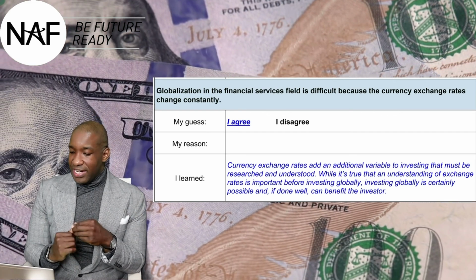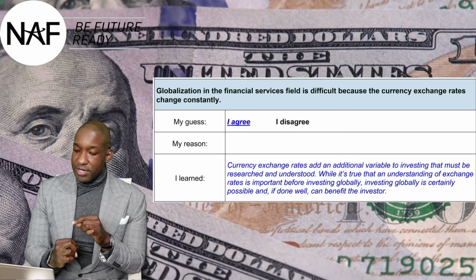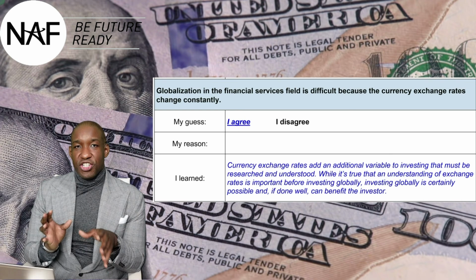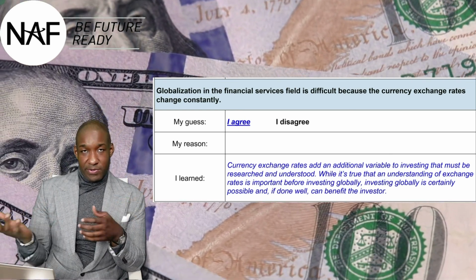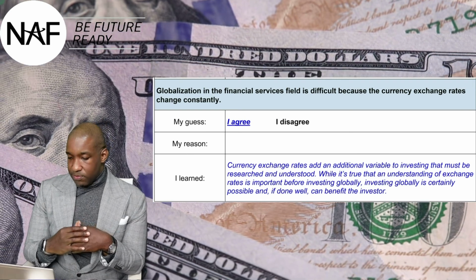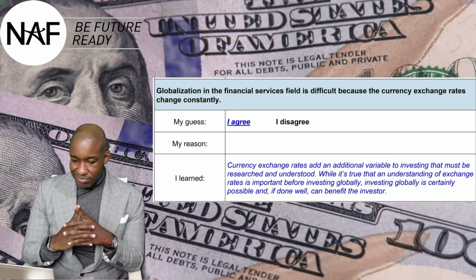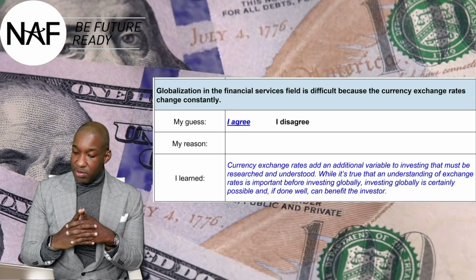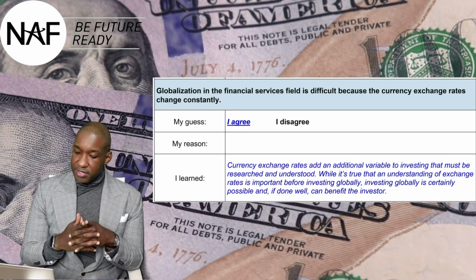Globalization in the financial services field is difficult because the currency exchange rates change constantly. And I think I touched upon that with the exchange rate between the USA and China when I was living in China. So this financial services professional agrees, saying that currency exchange rates add an additional variable to investing that must be researched and understood.